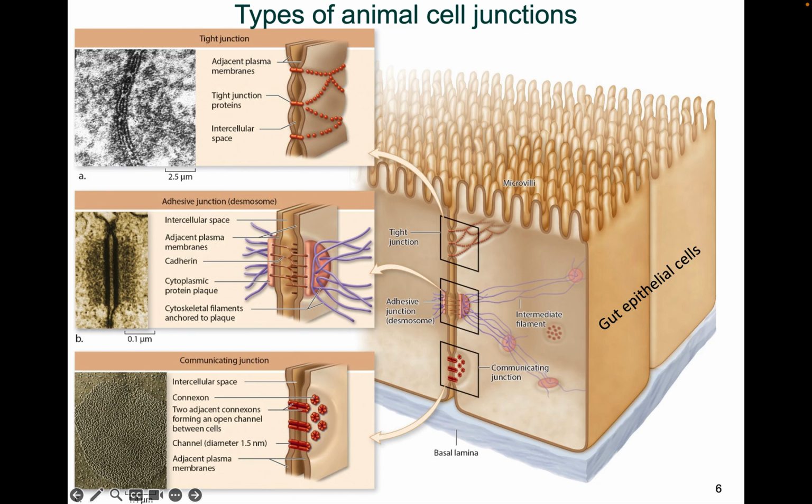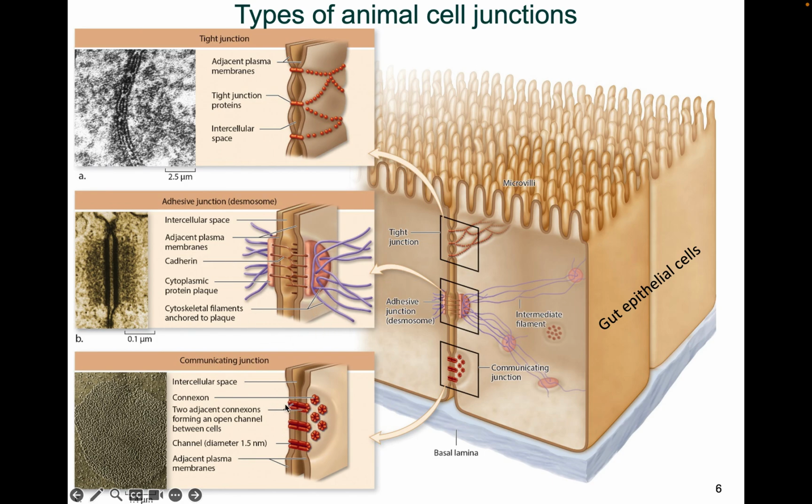Here they are. And then you have the final one, which is trying to connect two cells together via a channel. So this is a very different type of connection, because here you're just forcing them together. Here you're making the cells and their cytoskeleton communicate with each other.